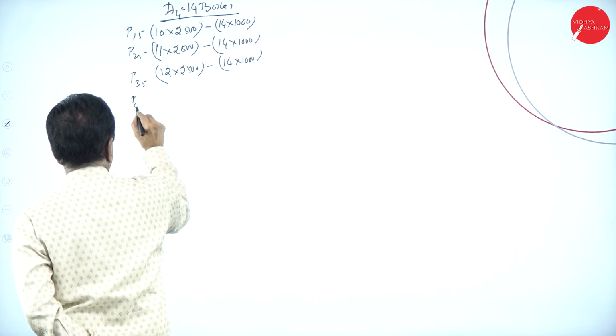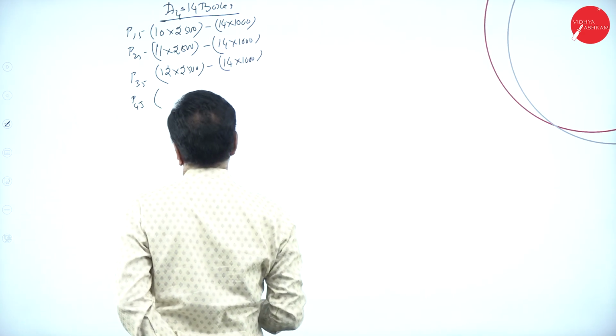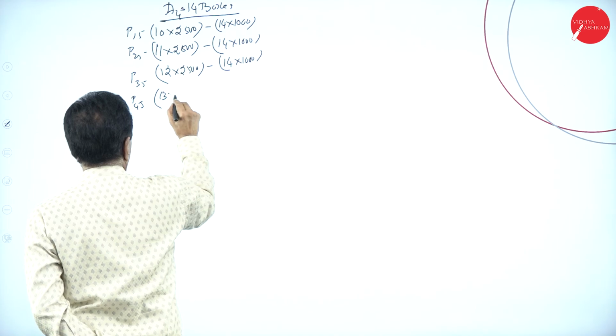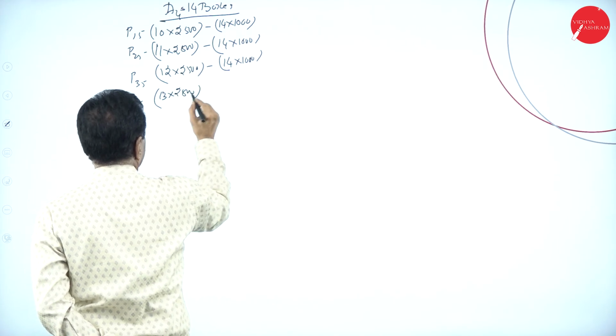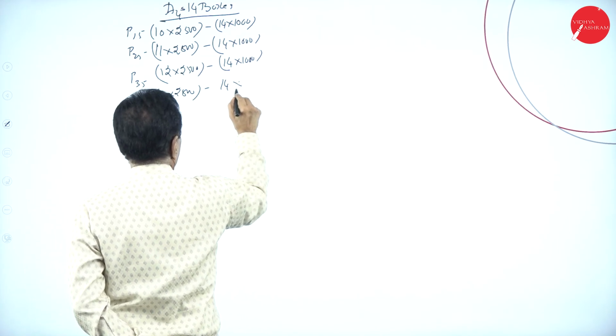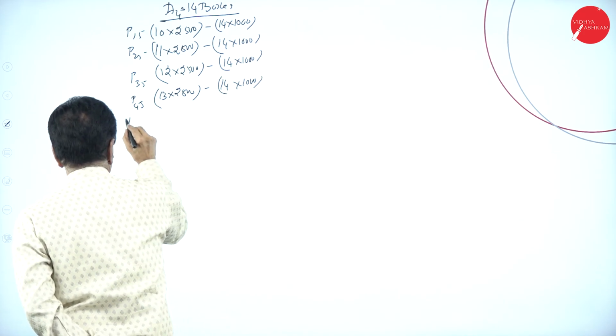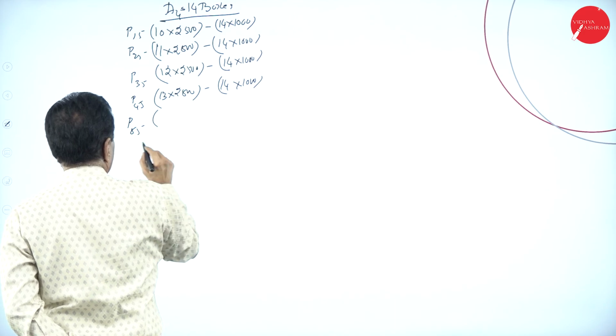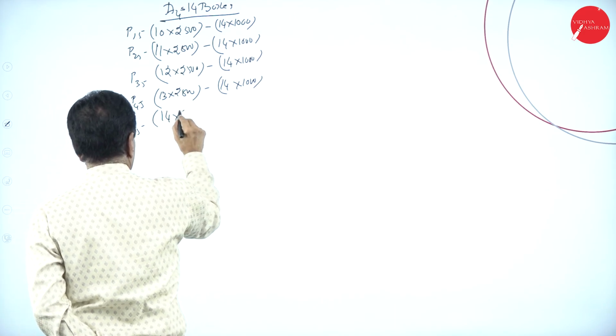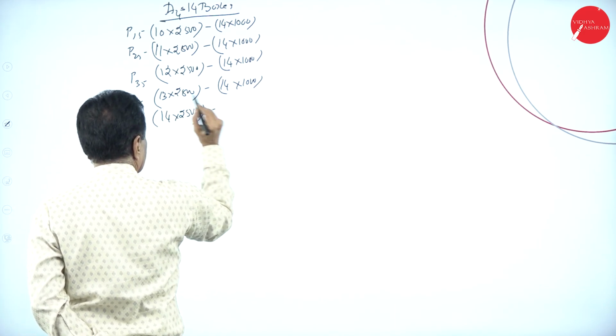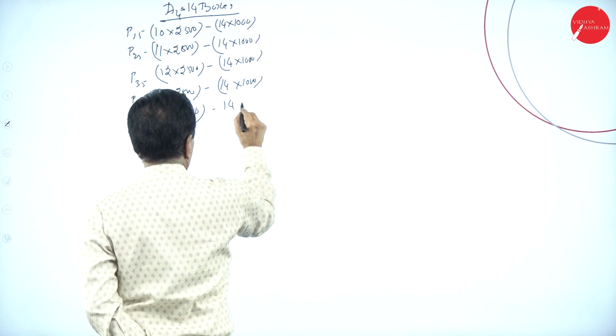P45: 13 into 2,500 minus 14 into 1,000. P55: 14 into 2,500 minus 14 into 1,000.